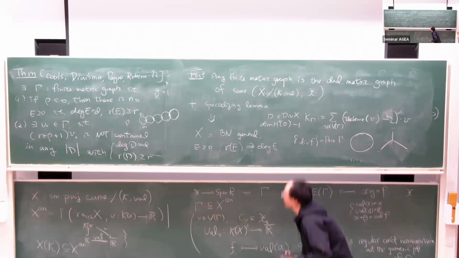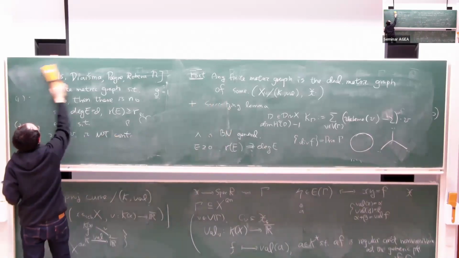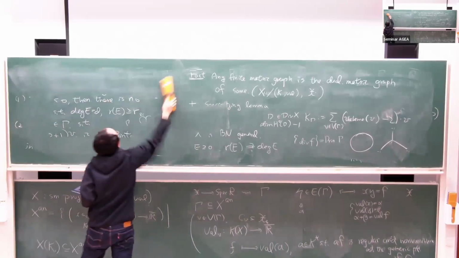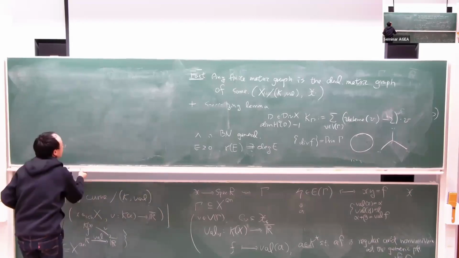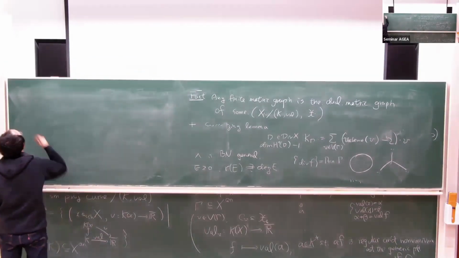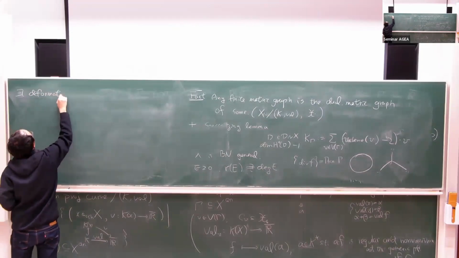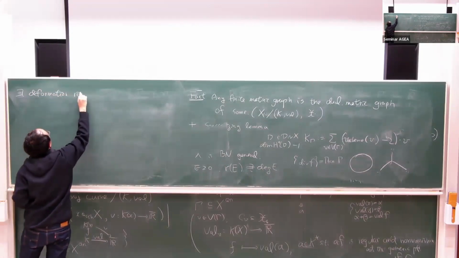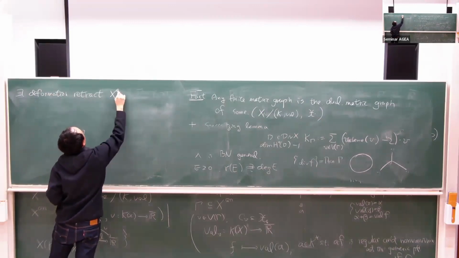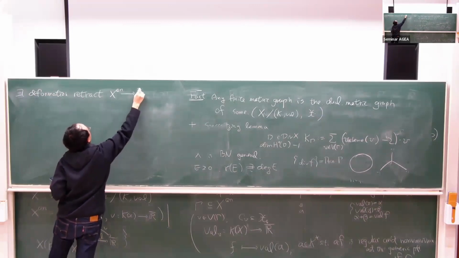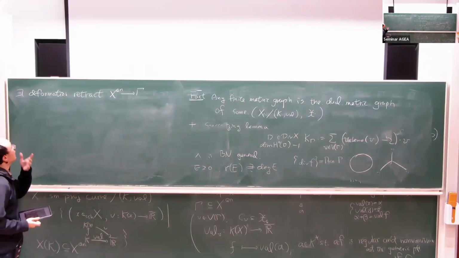Okay, so what is less obvious is the following thing. There is a deformation retract from the identification to the skeleton X associated to a regular semi-stable model.